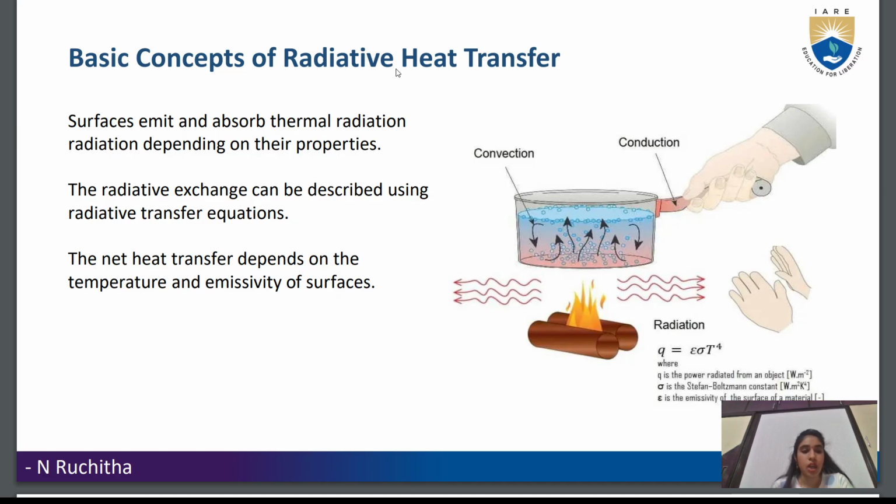View factors, or configuration factors, quantify how much energy leaving one surface reaches another. Participating media, gases or particles that absorb, emit, or scatter radiation. Radiative transfer depends strongly on temperature to the fourth power, T^4, making non-linear analysis essential.